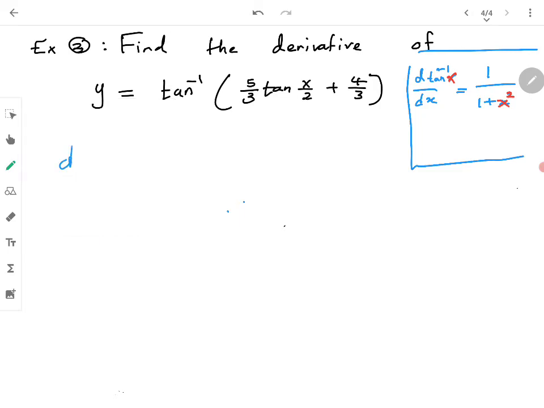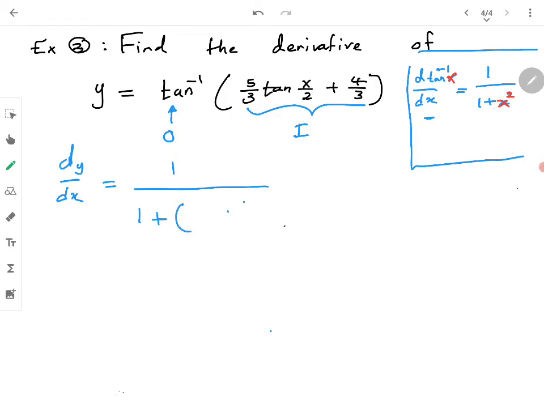Okay. So now we want to find dy over dx. Here again is a chain rule application. Tan inverse is the outer function. The inner function is what's inside the tan inverse. So when we apply the chain rule, you first take the outer function's derivative. The derivative of tan inverse is 1 over 1 plus whatever's inside, squared.